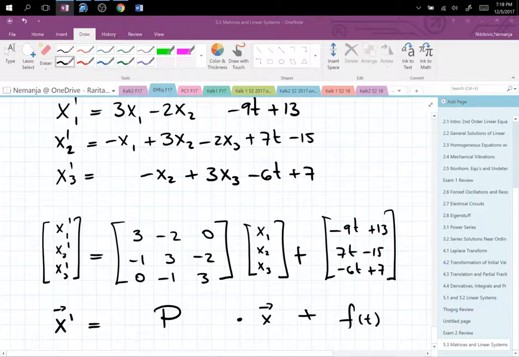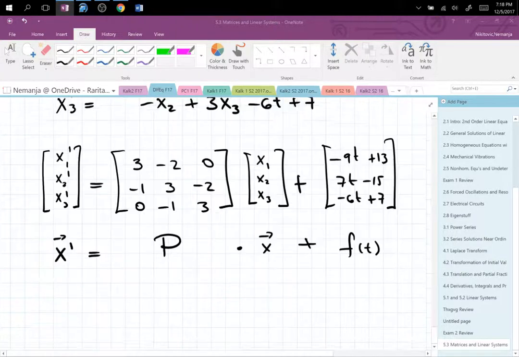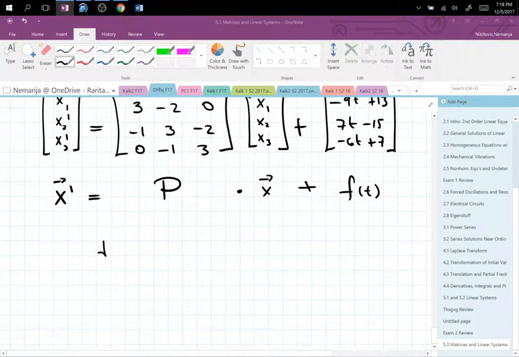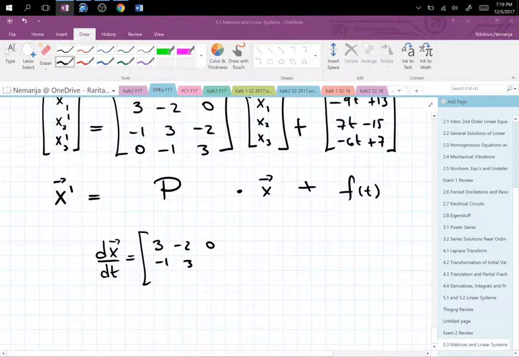So now we are considering dx/dt equal to the matrix 3, negative 2, 0; negative 1, 3, negative 2; 0, negative 1, 3, times x.